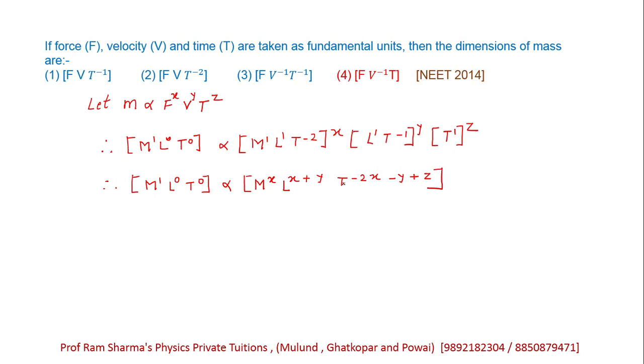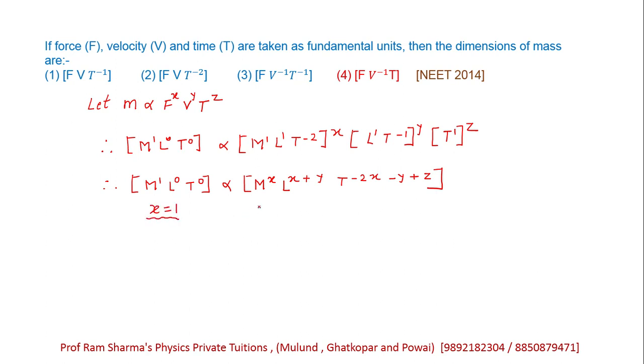Now if you see, the power of M on the left hand side is 1 and the power of M on the right hand side is X. So we can straight away equate and write X is equal to 1.